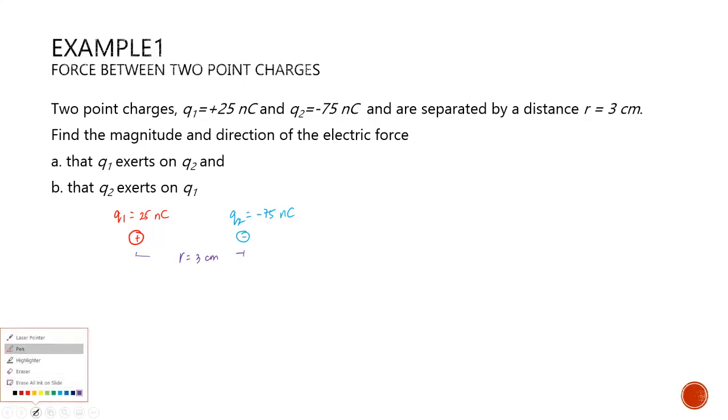All right. So we have letter A, Q1 exerts on Q2, so it's F sub 1, 2. And for letter B, it's F sub 2, 1. But we know that these two are equal in magnitude but opposite in direction.